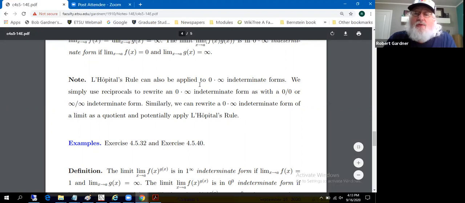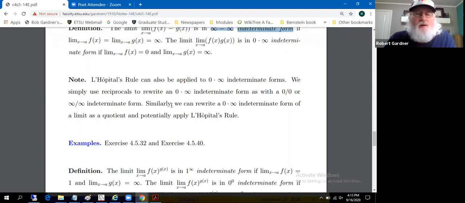L'Hopital's rule can be used on 0 times infinity indeterminate forms using reciprocals. That's what we just did. With 0 times infinity, I want to write these as quotients, right? So the point is to get a quotient.